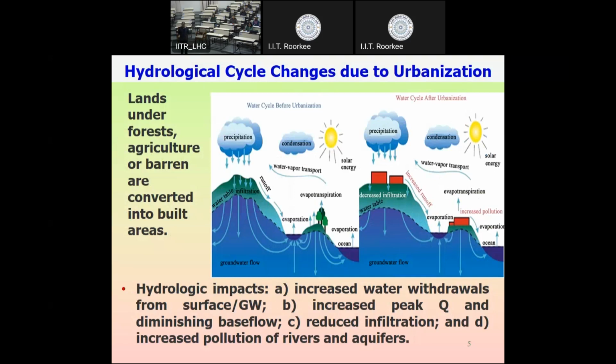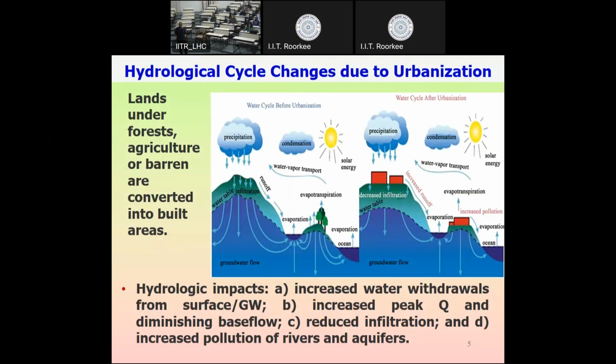Okay. Then, if we remove these trees from this place, maybe because of construction of buildings, forests are removed, trees are removed. So again, there was some infiltration, but that is reduced now. So evapotranspiration, which was taking place at a higher rate, is now taking place at a lower rate.